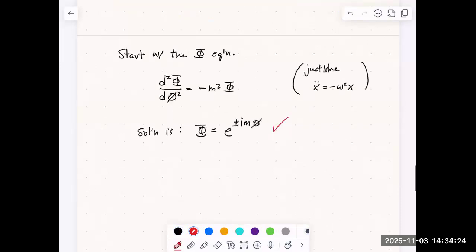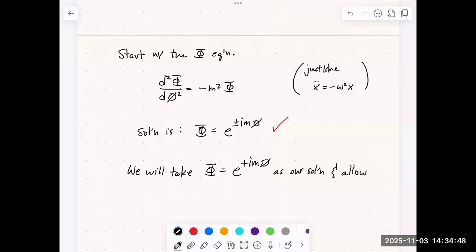So what we'll do is take phi equals e to the plus im phi as our solution and allow m to be positive or negative.